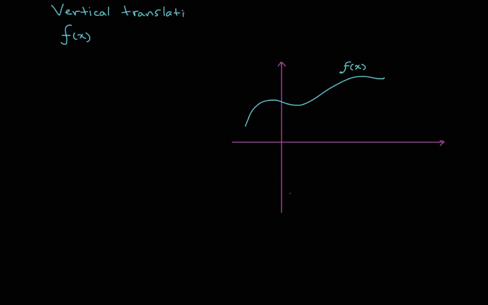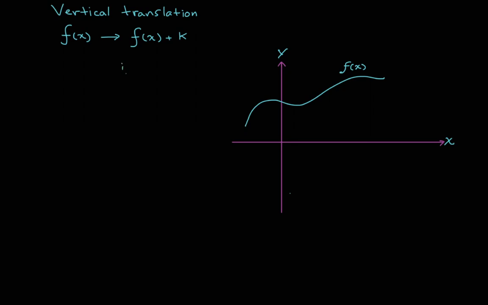When you do a vertical translation, all of the y values, if this is your y-axis and this is your x-axis, everything is increasing or decreasing by the same amount. So for some function f of x, we're going to just transform that into f of x plus some number, k.